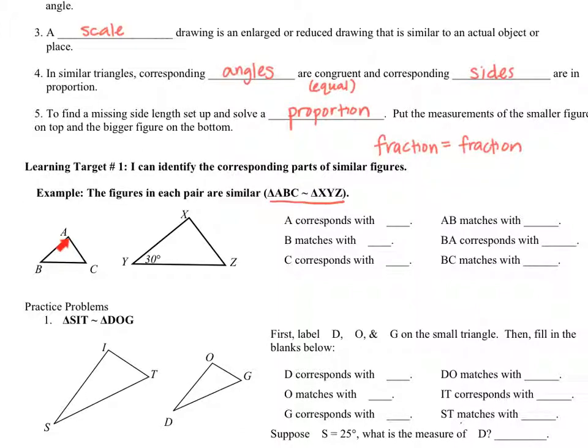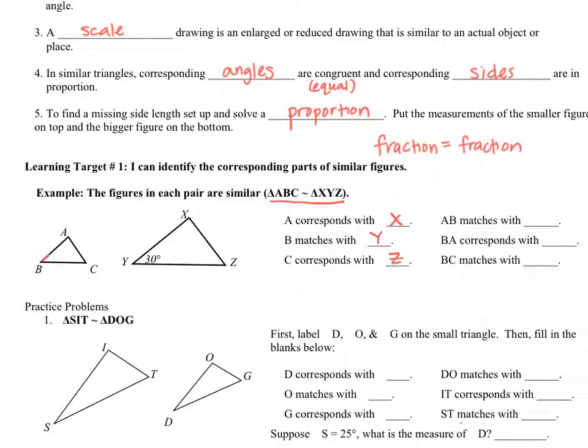So in this picture, A and X correspond. Okay, so A corresponds with X. B corresponds with Y, and C corresponds with Z. Now let's look at the sides, and I'll be marking it on the picture as well.